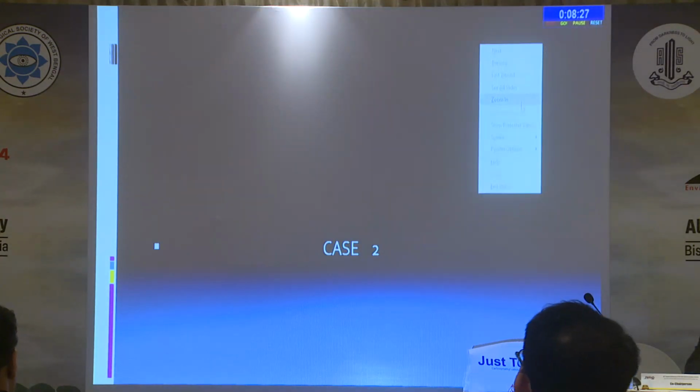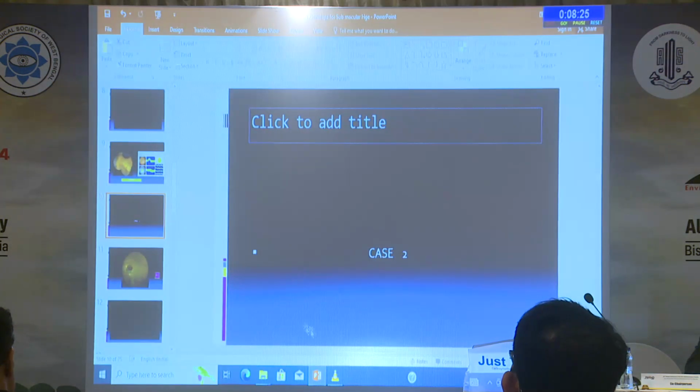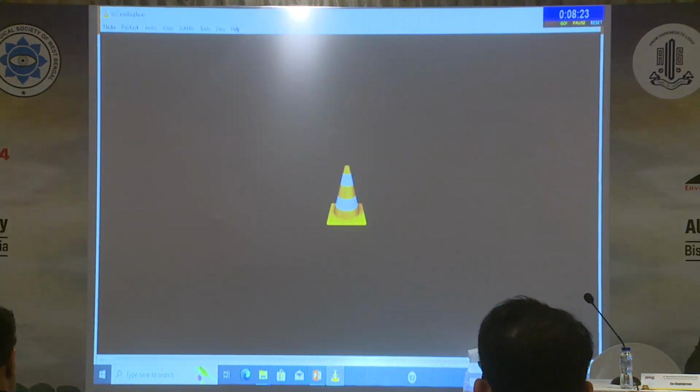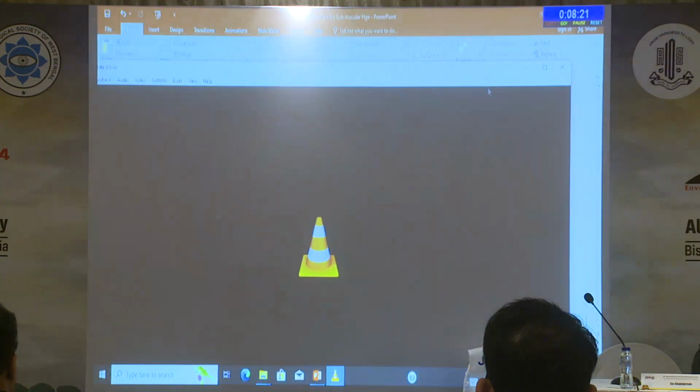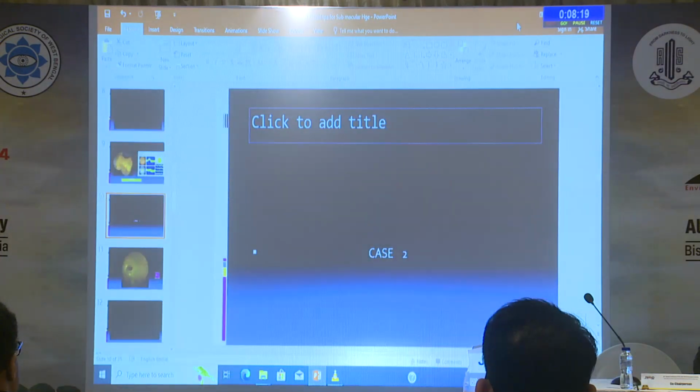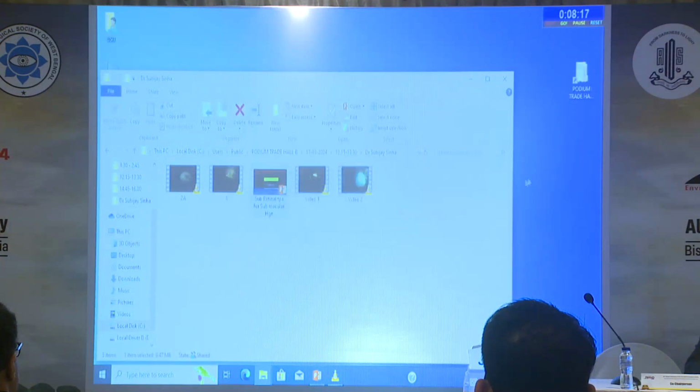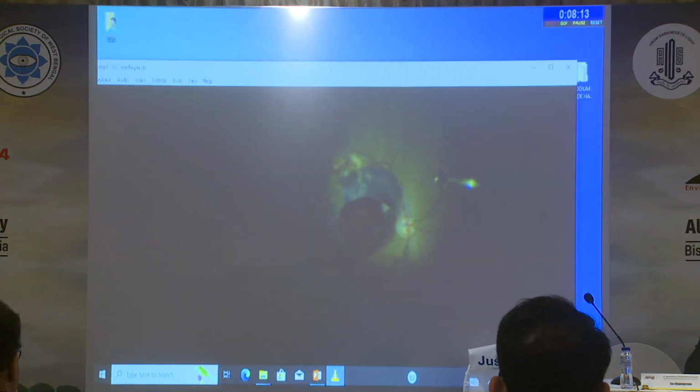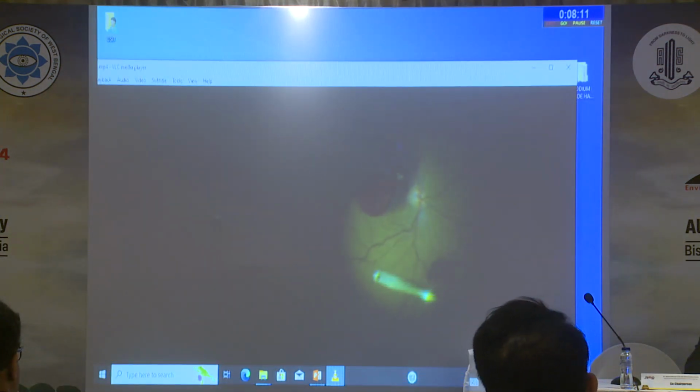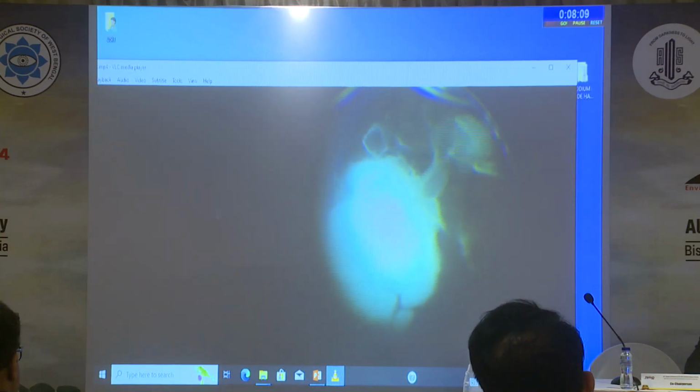Then next case, this was a case of RAM. This was a case of RAM bleed, pre-retinal bleed and subretinal bleed both.